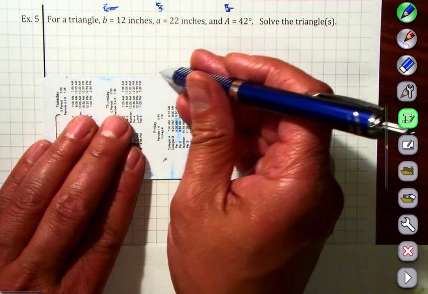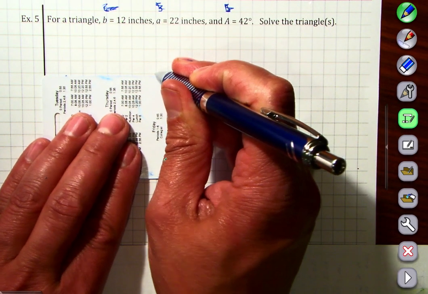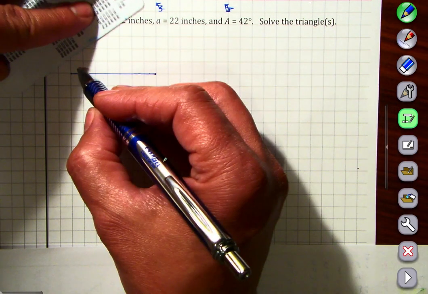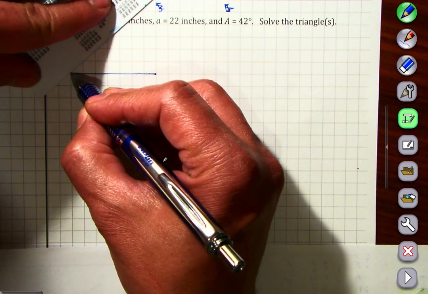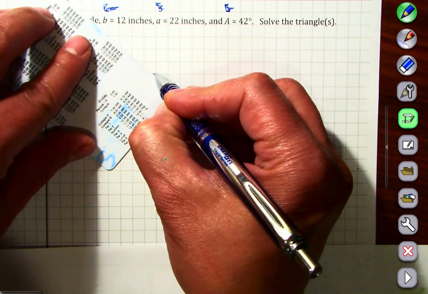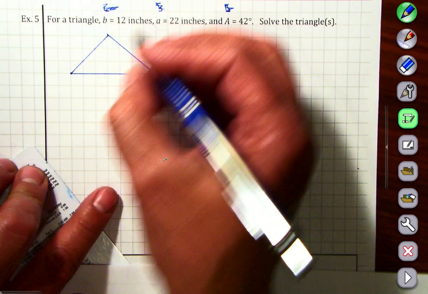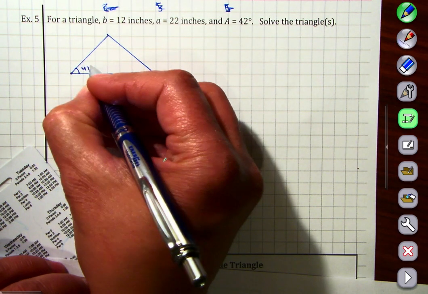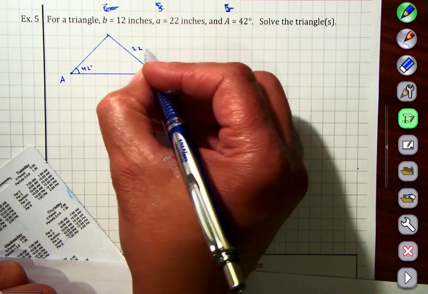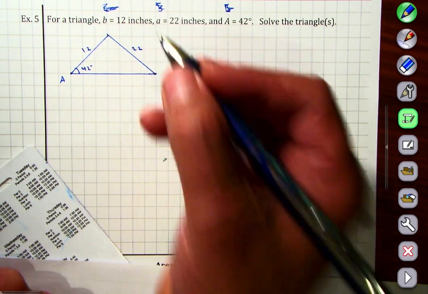So I'm going to draw a triangle just to illustrate the process. 42 degrees, so assume that's almost 45. So this is 42 degrees, that's side A. So therefore this is 22 and this is 12.